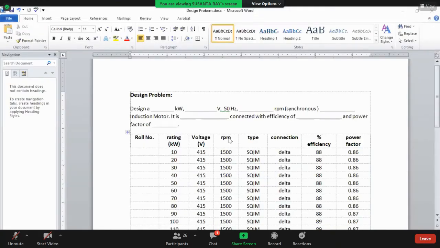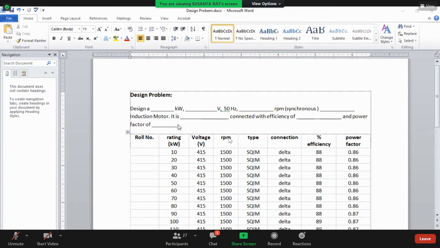Can you see the design problem? So you just write down quickly: design a dash kilowatt, dash volt, 50 hertz, dash RPM synchronous, dash induction motor. It is dash connected with efficiency of dash and power factor of dash.